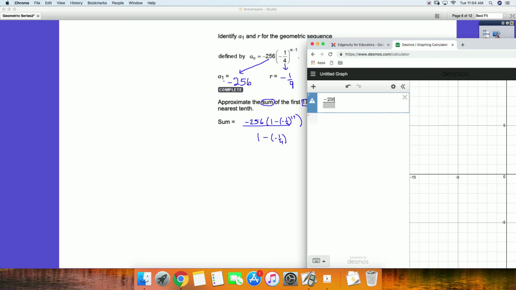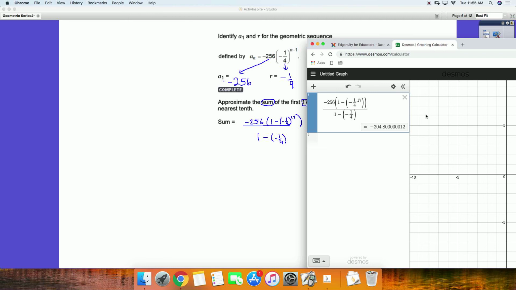So we have negative 256 times 1 minus, I'll put a parentheses, negative 1/4 to the 17th power. Close all of our parentheses, over 1 minus negative 1/4.